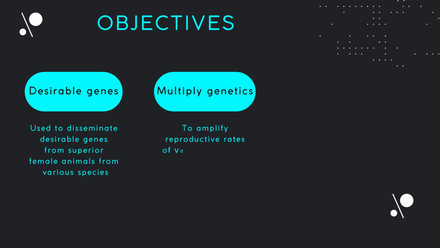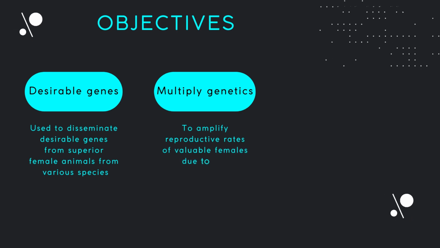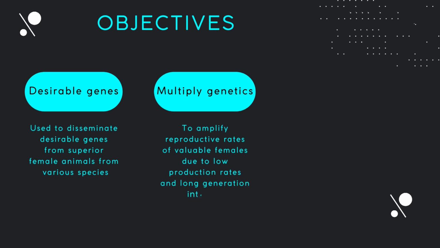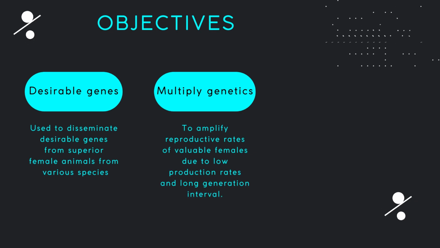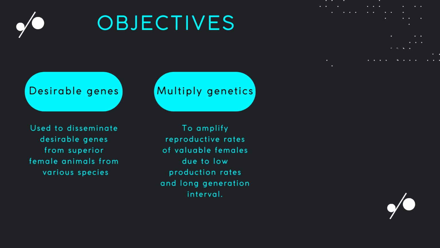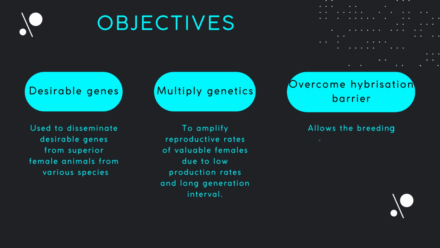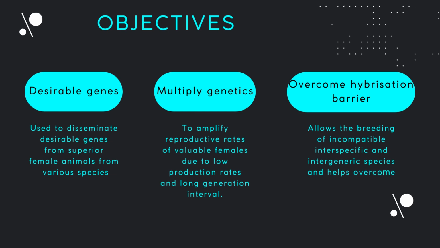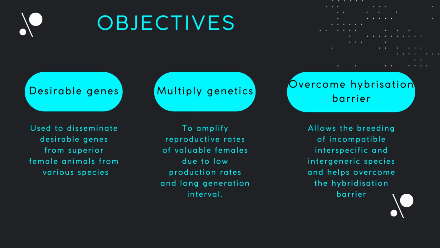Embryo transfer is used to amplify reproductive rates of valuable females due to low production rates and long generation intervals. And the last one is to overcome hybridization barriers. Embryo transfer allows the breeding of incompatible interspecific and intergeneric species and helps to overcome the hybridization barrier.